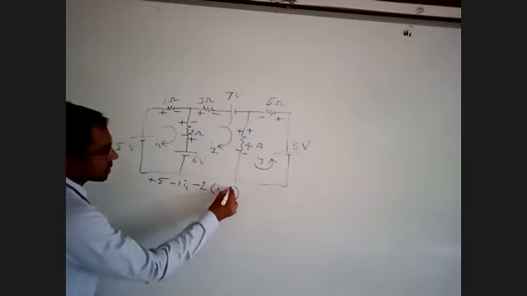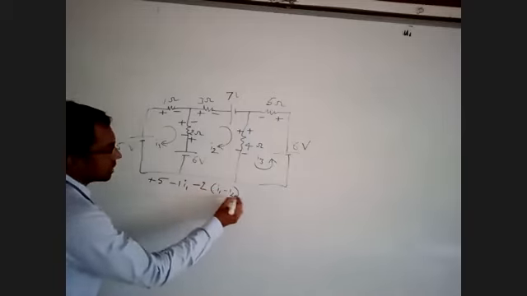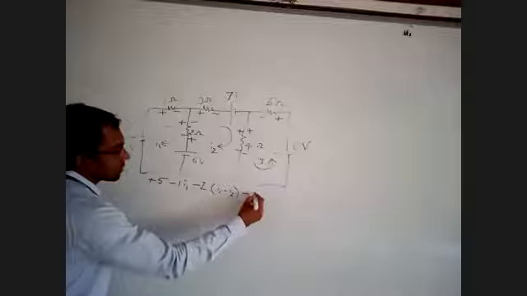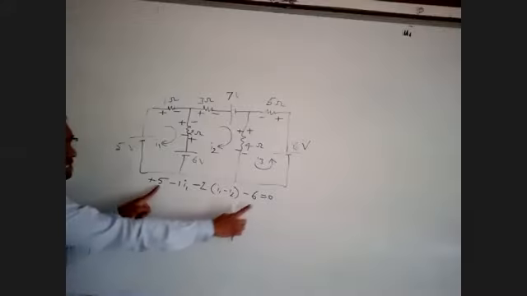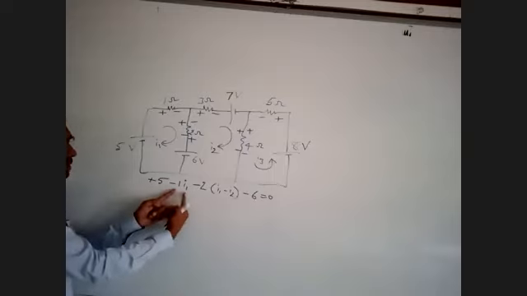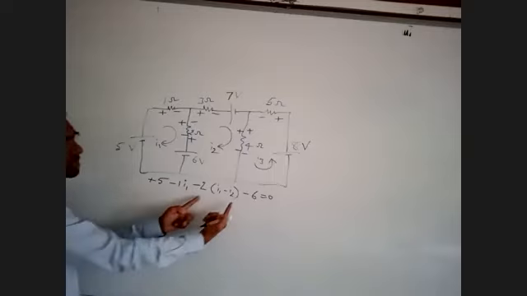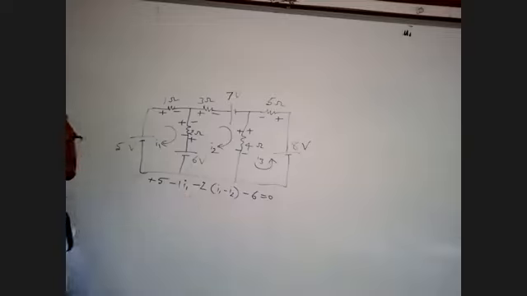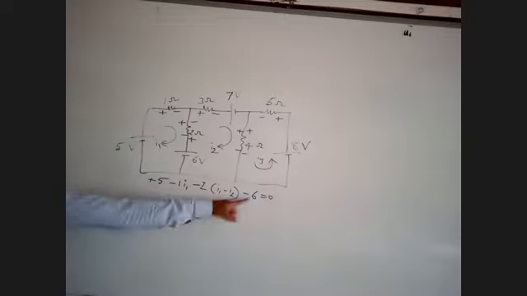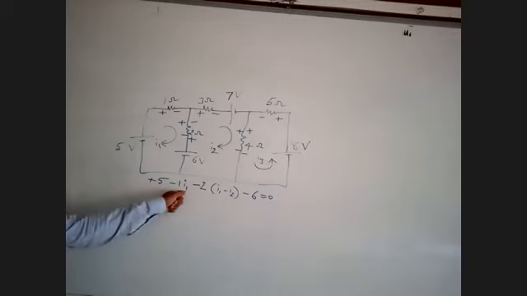I1 minus I2, and I1 is flowing from plus to minus, so minus. The 5 and 6 are directly voltages. Current multiplied by resistance is voltage. In the 1 ohm resistor, I1 is the current. In the 2 ohm resistor, I1 minus I2 is the current. Simplify this.